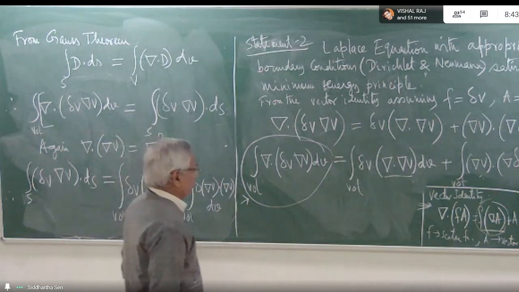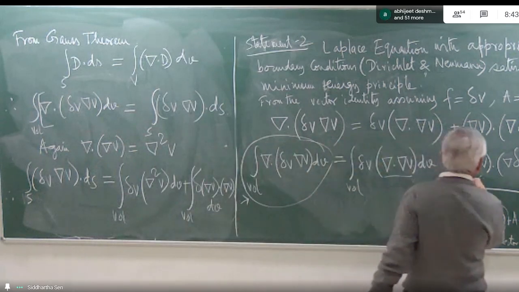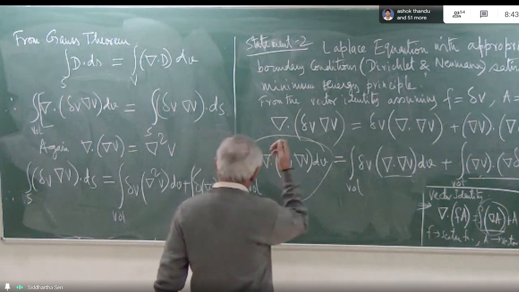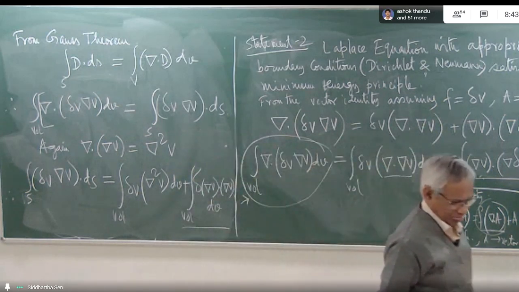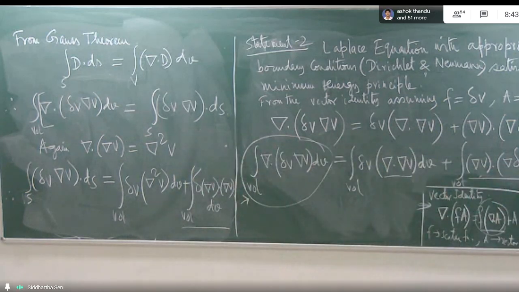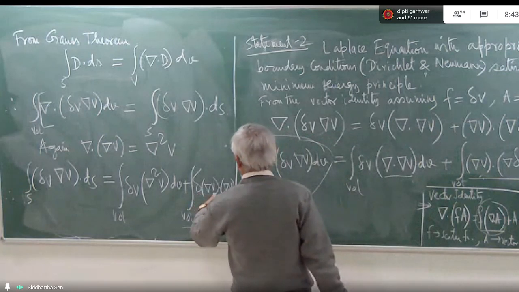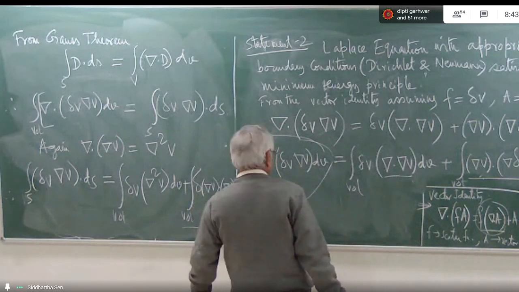You see there is a difference in the way I am writing it. Because you may argue that it was nabla v dot nabla delta v, so how can you write delta nabla v dot nabla v?